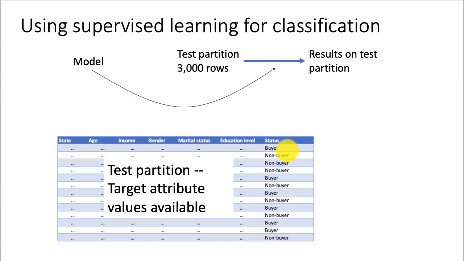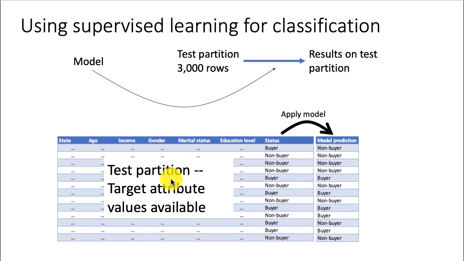So we just partitioned some of it, put it away as the test partition. But therefore, this is still available. So now, since we have the model that we have built with the training data, we can apply the model on the test partition. Now what's going to happen is that when you apply the model, it is going to generate its own predictions for each of the rows.